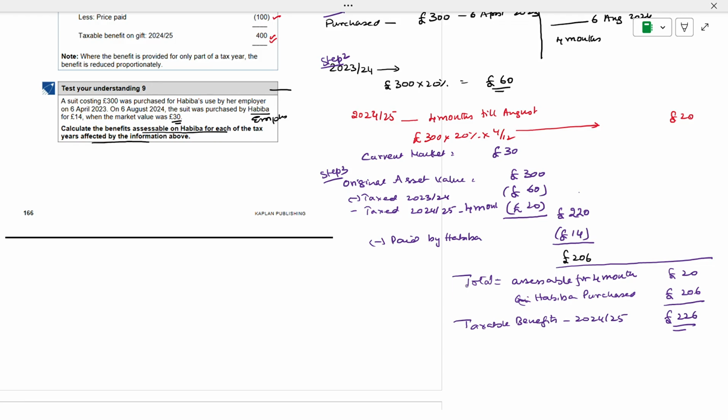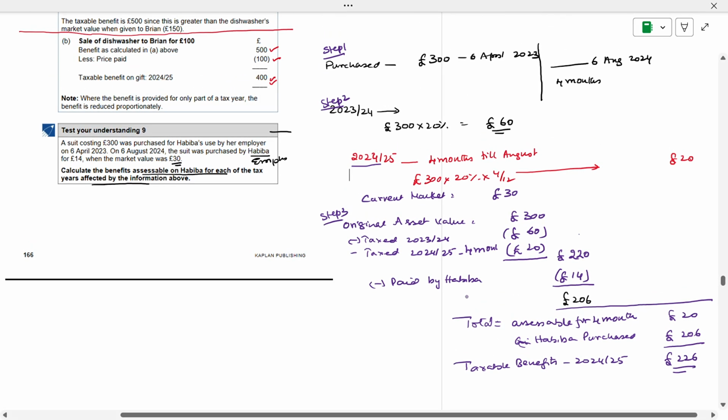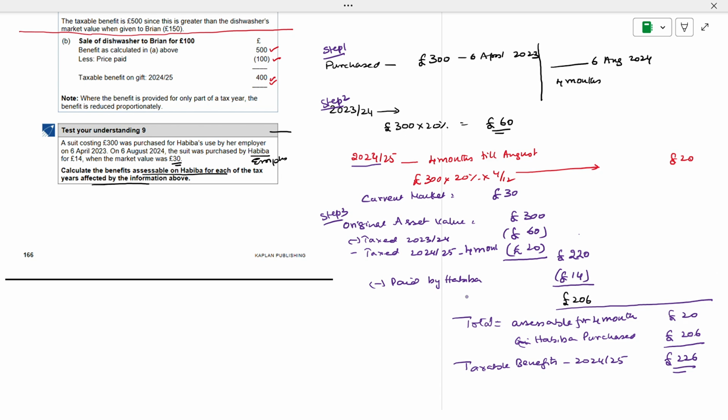Original asset value 300 minus tax 23-24, 60, minus tax for 4 months, 20. You have already deducted it there. Yes, 20 already deducted.